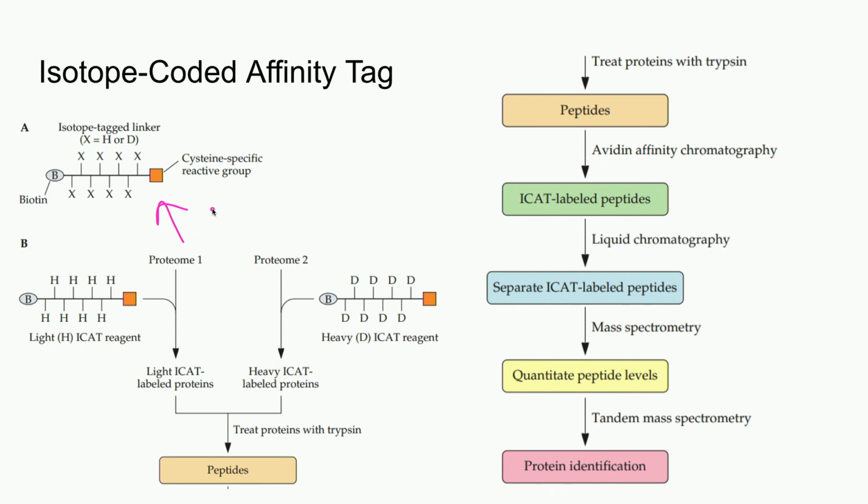After the chains have been added to the proteins in their respective proteomes, in the avidin affinity chromatography step, all the proteins that successfully bind to the linker's reactive group will be captured and separated, since the biotin on the light or heavy chains of the linker group will enable differentiation from unbound proteins. Mass spectrometry then enables identification of proteins and protein abundance, where the 8 Dalton difference between the hydrogen linker and deuterium linker is very discernible.